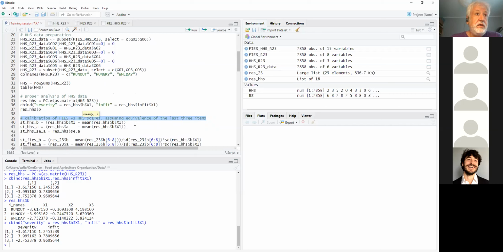And one way of conducting this calibration is assuming that the three items of the household hunger score, which I labeled run out, hungry, and whole day, are actually equivalent to the last three items of the FIES, which are also labeled hungry, run out, hungry, and whole day.